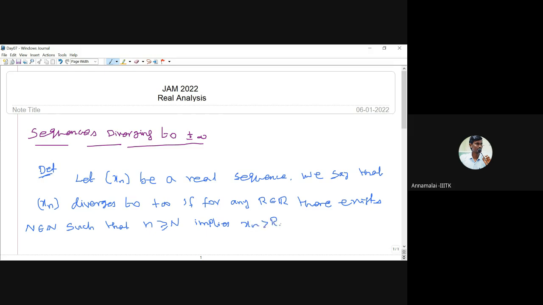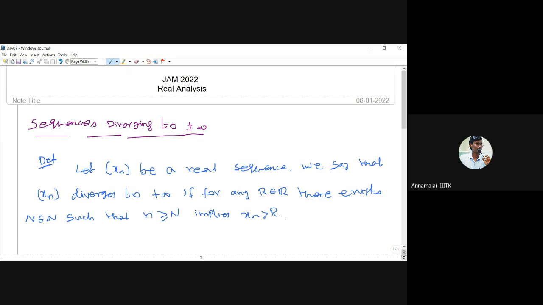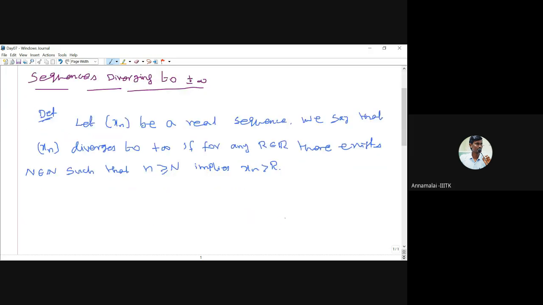If r is any real number, after a certain stage, all the xn's are bigger than this r. That is, not bounded above. It's not necessarily increasing, but after a certain stage, everything is a bigger number. Such a sequence is called a divergent sequence.